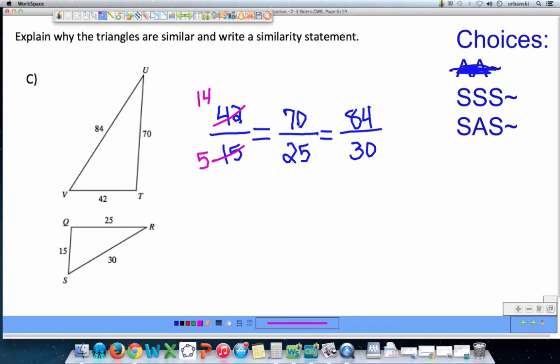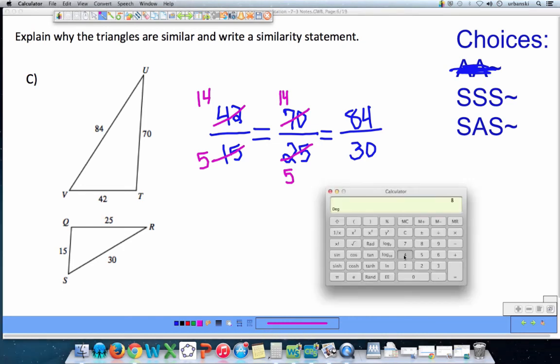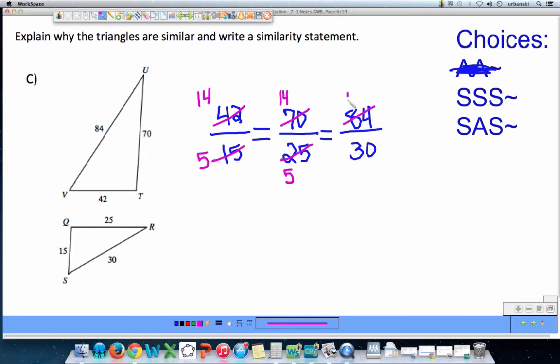Okay, now 70 can be divided by 5. 70 divided by 5 is 14. 25 divided by 5 is 5. These can both be divided by 6. 84 divided by 6 is 14.